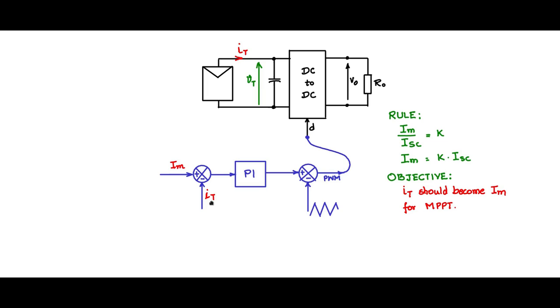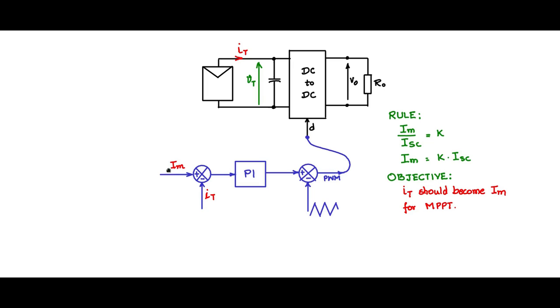Under such a condition, IT will match Im, and that means the IT flowing from the PV panel corresponds to the current at the peak power point, implying that the panel is delivering peak power to the load.